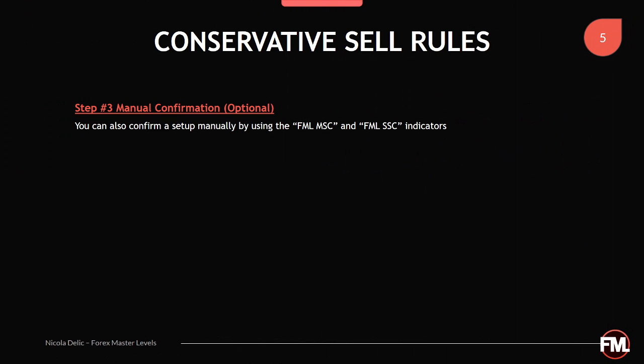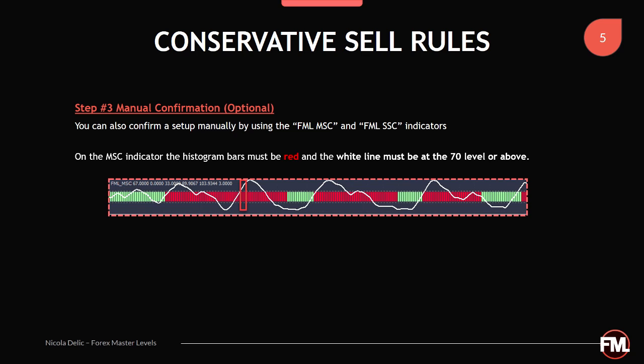You can also confirm a setup manually by using FML MSC and FML SSC indicators. On the MSC indicator, the histogram bars must be red and the white line must be at 70 or above. So if we check that MSC indicator, we can see a line, we can see the bar.